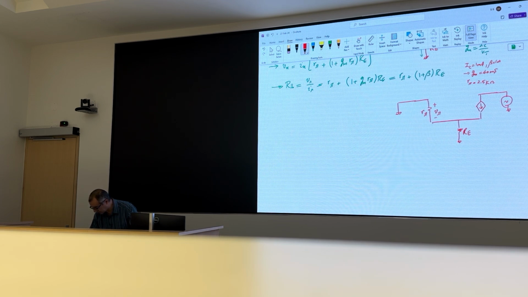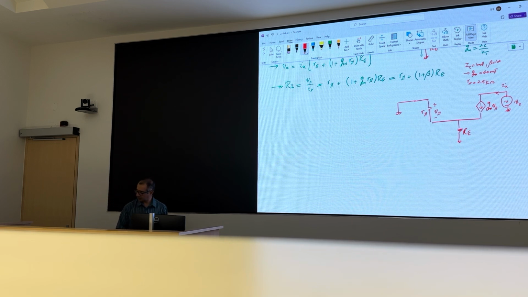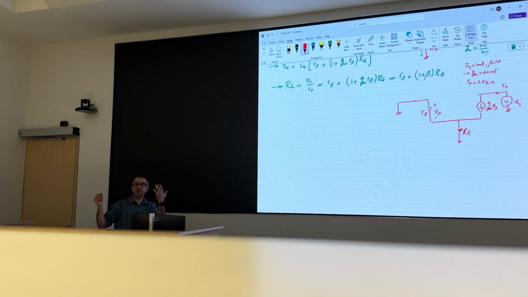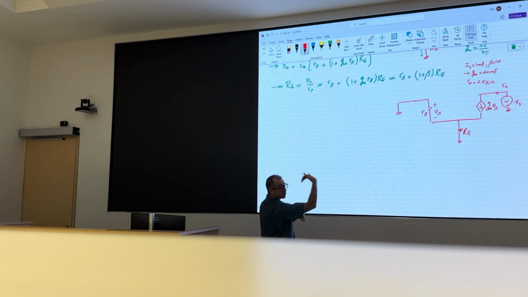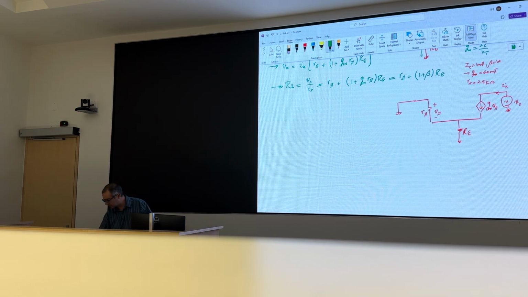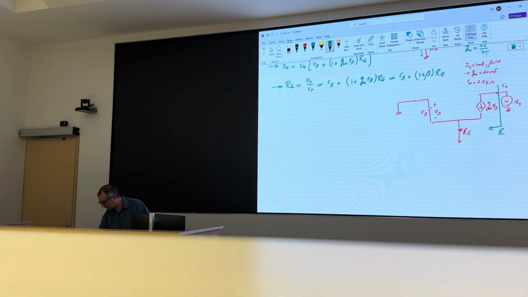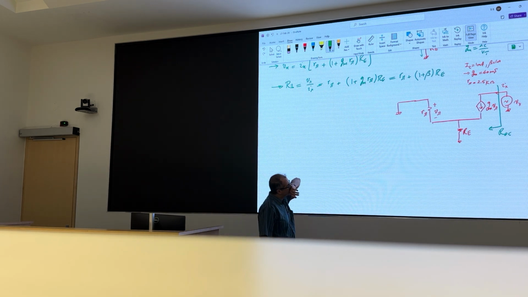And the question is how much is IX, because I want to find VX over IX, right? ROC is when I look back into the collector. So I look at this.